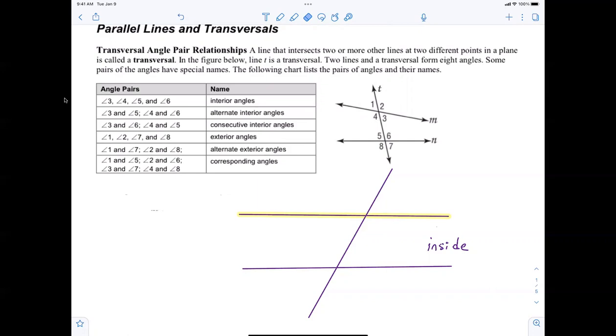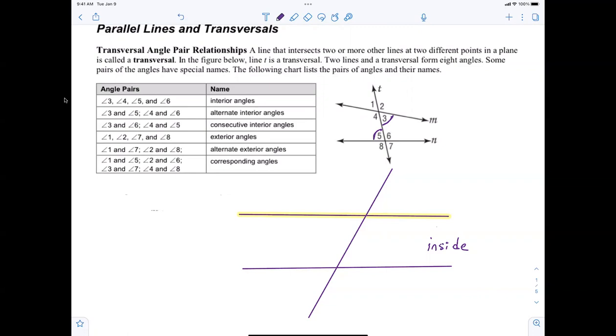All right. Now, alternate interior means the angles that are on the inside that are on opposite sides of the transversal. So when you look at alternate interior angles, you would say 3 and 5 are alternate interior. And the other set of alternate interiors are what? 4 and 6.